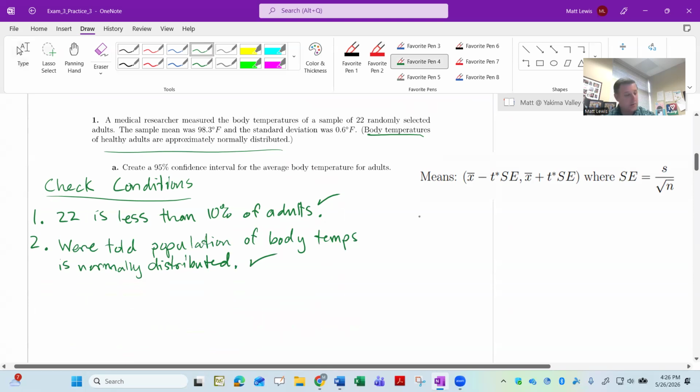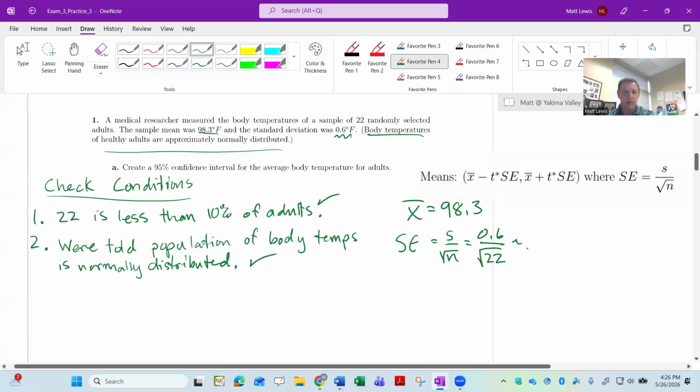So we can see the things we need, right? We need a sample mean. Well, we were just given that directly, right? 98.3. We need a standard error. So standard error, of course, is our sample standard deviation, so that would be 0.6 divided by the square root of our sample size, which is 22.